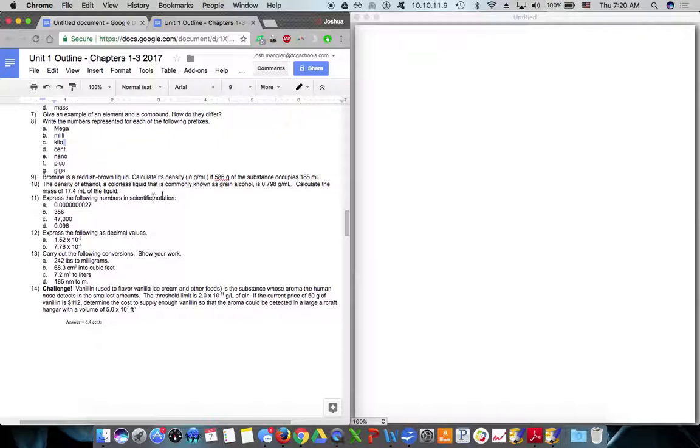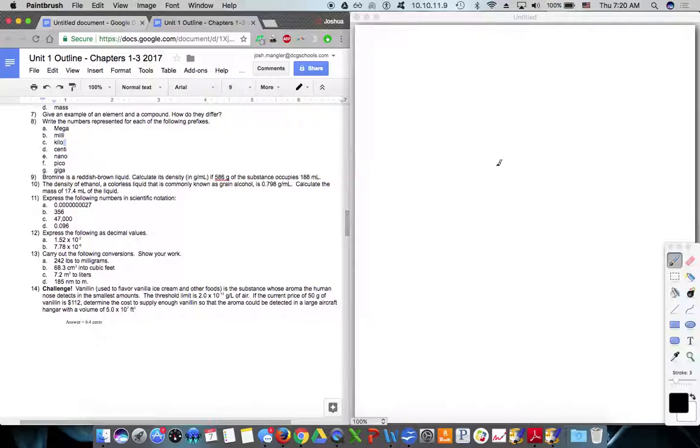Some density work, so we can actually do some of this. So we have density. Let's see here if I can get this organized. All right. So density is equal to grams per milliliter.